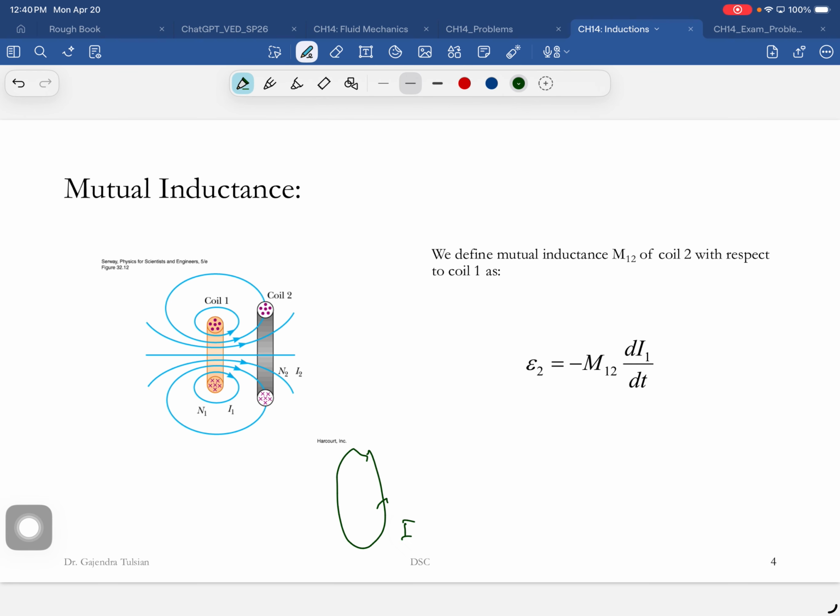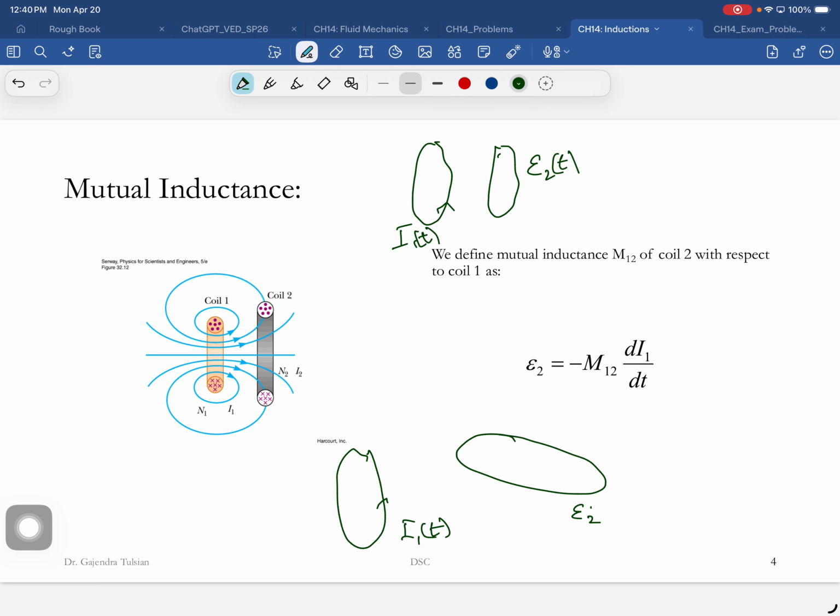Here's the current changing in this circuit, and if this is the second circuit, then the induced EMF E2 in this circuit will be quite different than if the configuration was like this. With the same number of turns and all that stuff, just the configuration will change it.